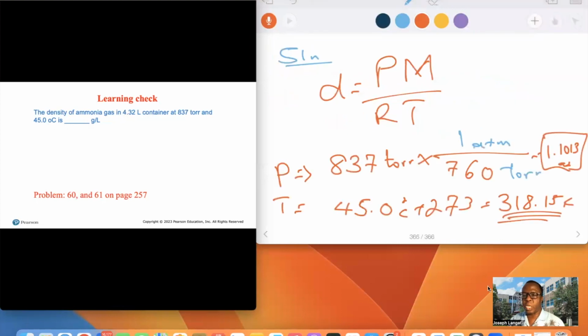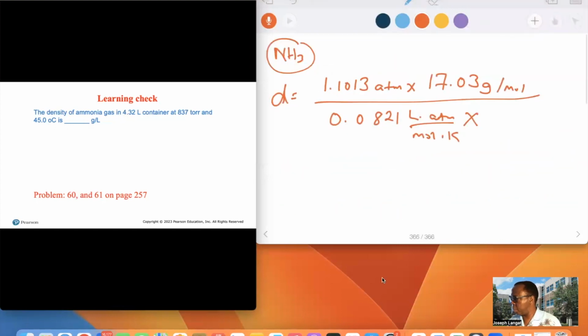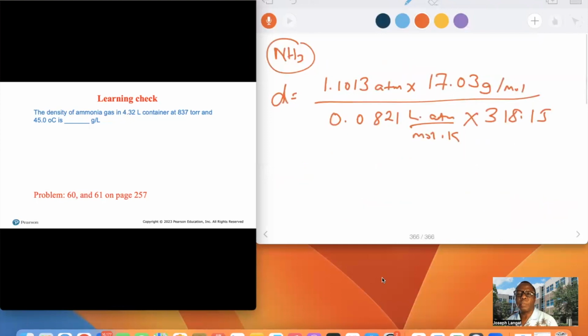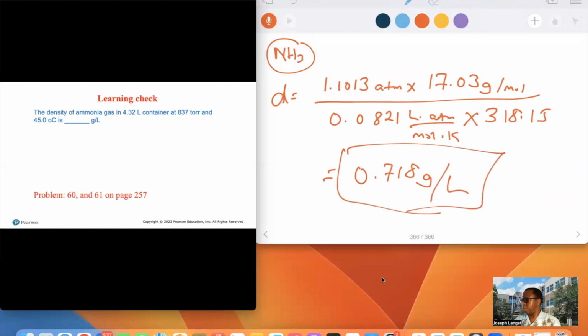This is what we changed. Remember to change that to 318.15. Crunching down the numbers, this will be 0.718 grams per liter, which is a reasonable density of the gas.